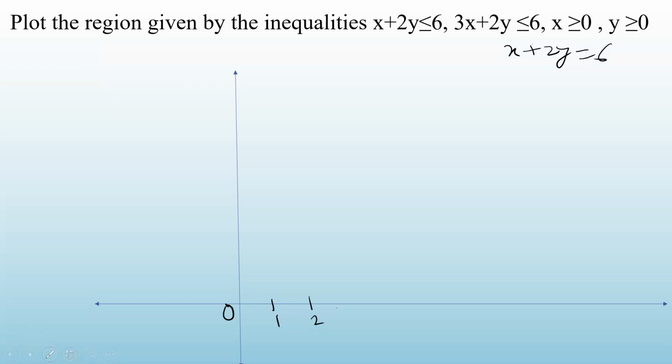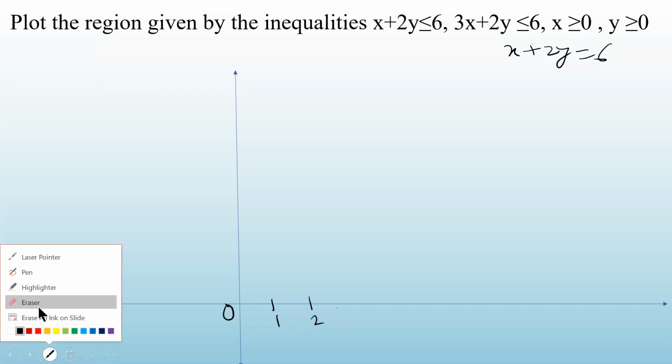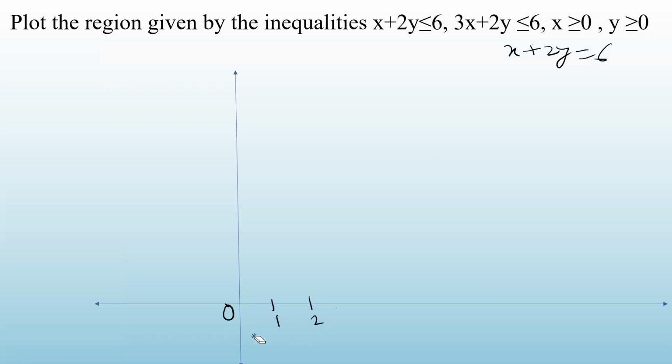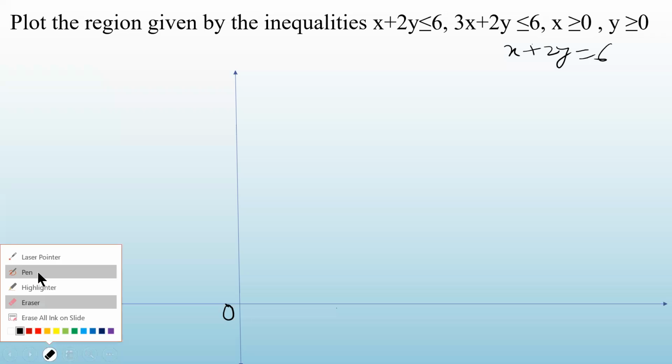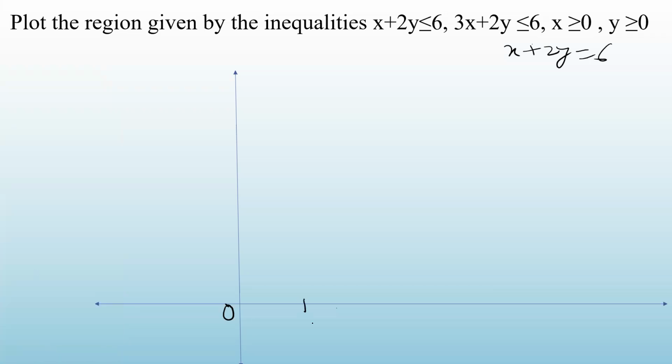Let me take थोड़ा बड़ा लेती हूँ. This is 1, this is 2, this is 3, 4 and so on. ठीक है. एक ये हो गया.